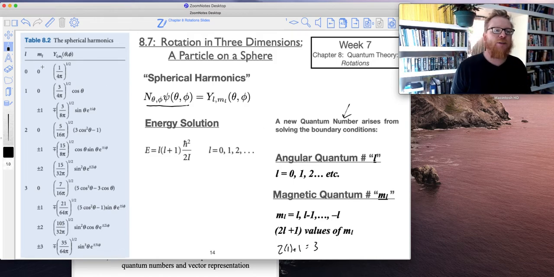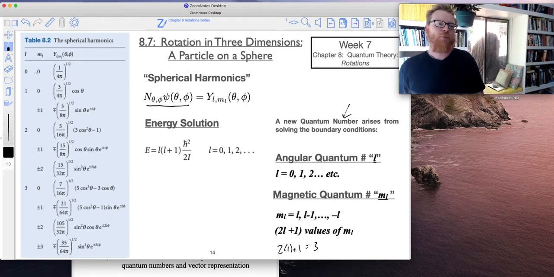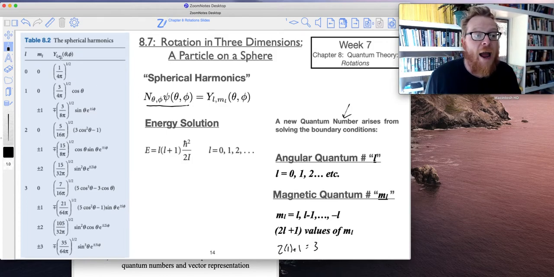So when L is equal to 0, M_L has to be equal to 0. Well, my Y_L^{M_L}, my spherical harmonic function, becomes the square root of 1 over 4 pi, okay? With no theta or phi dependence, which is kind of cool. We'll see the manifestation of that in a moment.